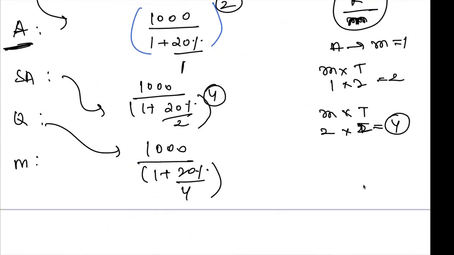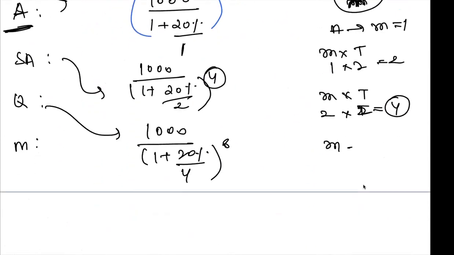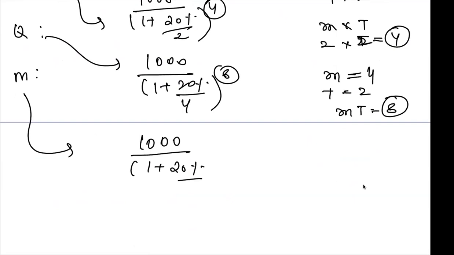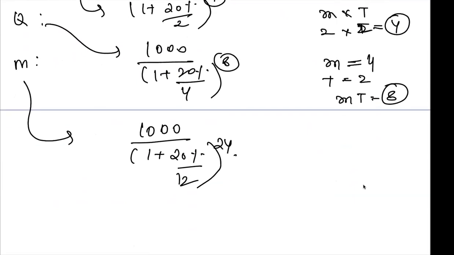Or M is 4, T is 2, so MT is 8. Similarly, for monthly, $1,000 divided by 1 plus 20% by 12, and this will be 24. How? MT, M is 12, T is 2, 24. Okay. Is this clear?